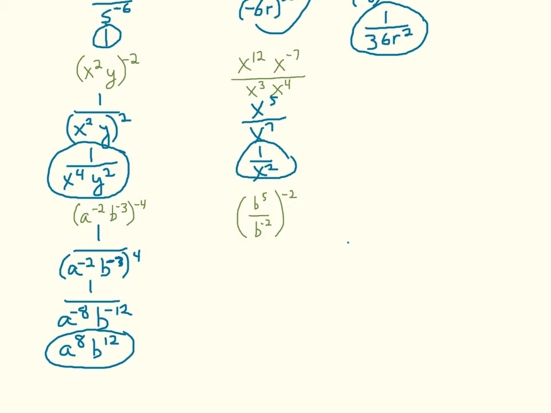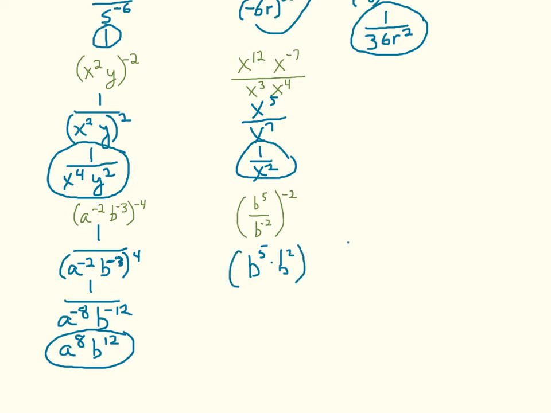So next example, I have b to the 5th divided by b to the negative 2nd, all that taken to the negative 2nd power. I think it would probably be easier in this one to go ahead and distribute here. So this is a power of a quotient. Actually, the way we're going to do this one is let's go ahead and deal with this. I'm going to take the b to the negative 2nd and move it to the numerator as a positive exponent. So this will actually be b to the 5th times b to the 2nd.